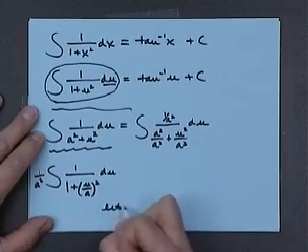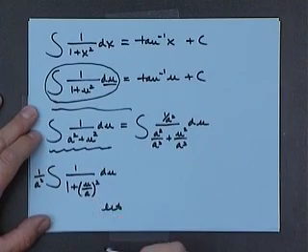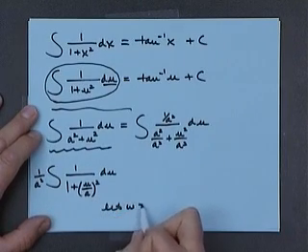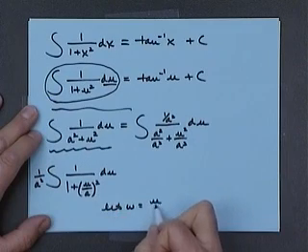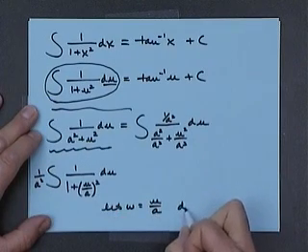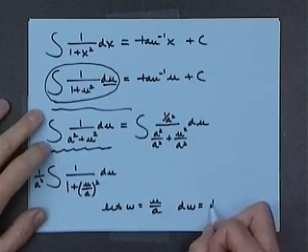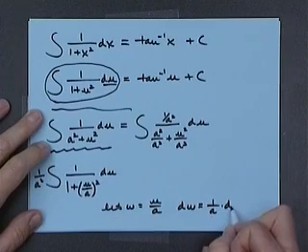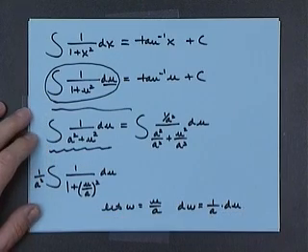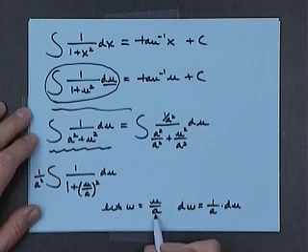So I've already used u in this problem, so let's let w equal u over a. What's the derivative of w? A is a number. 1 over a, times du. This is like x over 5.